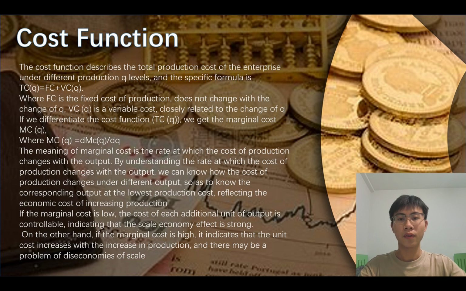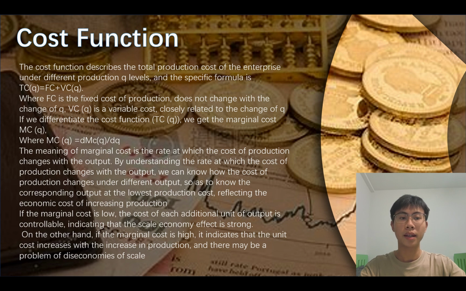If we differentiate the cost function TC of Q, we get the marginal cost MC of Q, where MC of Q equals dTC over dQ. The meaning of marginal cost is the rate at which the cost of production changes with the output.